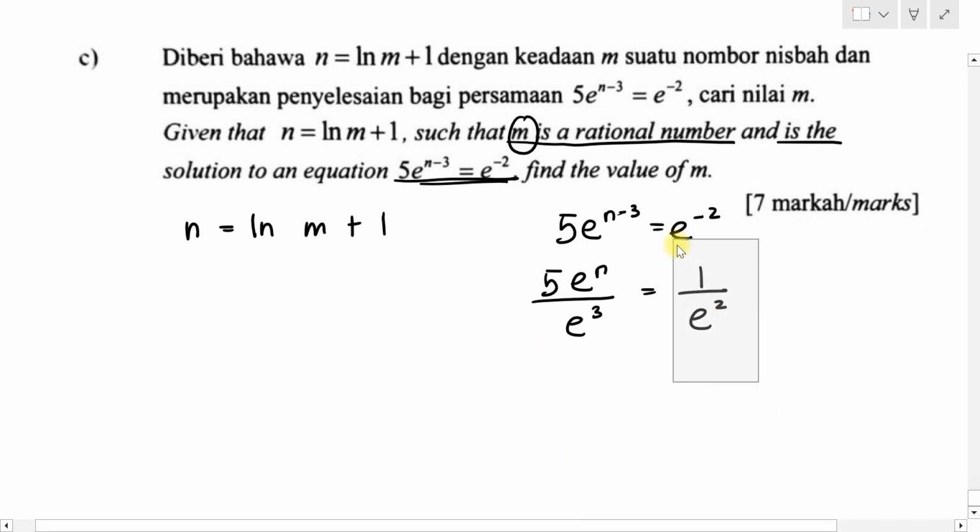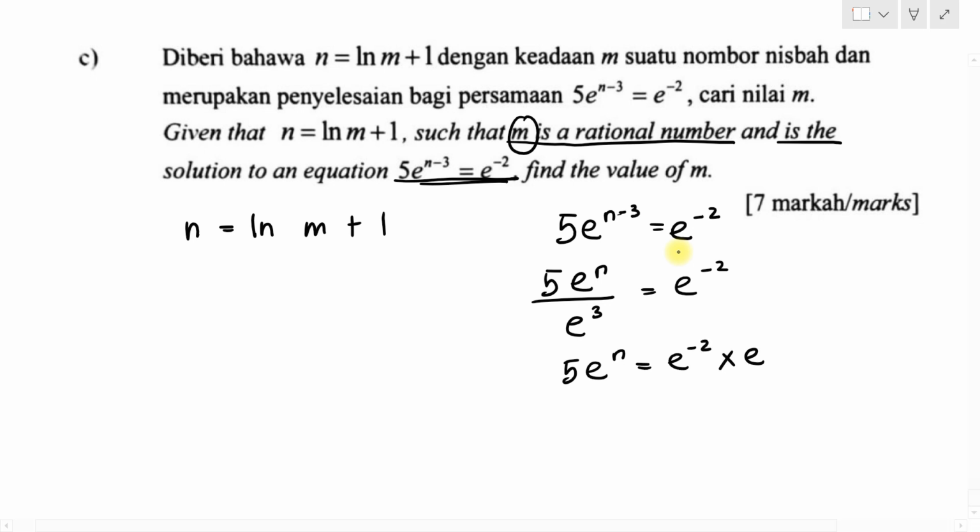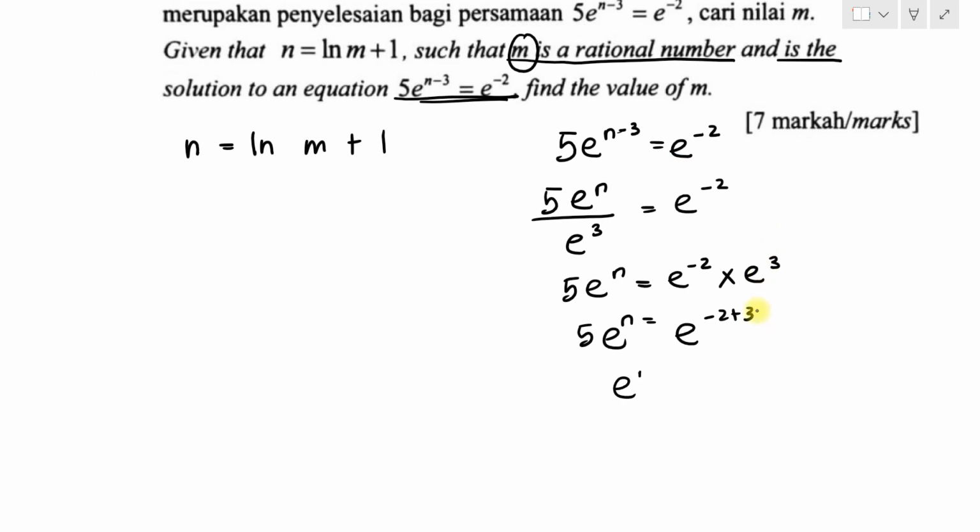Or you just put it like this, e negative 2, then 5 e to the n equal to e negative 2 multiply e 3. So you get e negative 2 plus 3, not times. So e power n equal to e power 1 over 5. Okay, now what do we want to find? We find n.